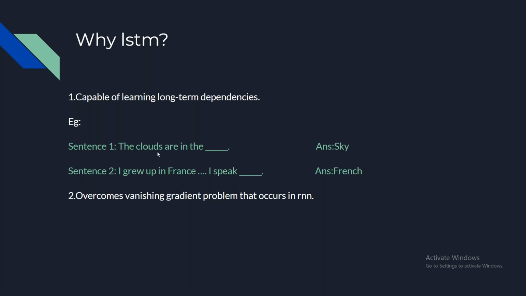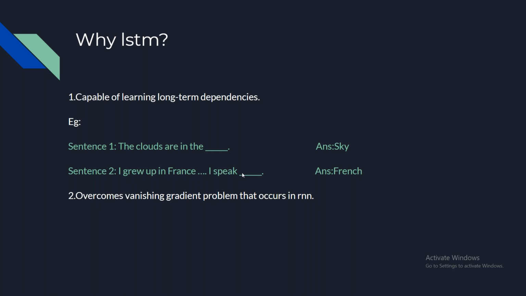For example, you can see sentence 1 and sentence 2. If we are trying to predict the last word in sentence 1, "the clouds are in the dash," we don't need any further context. It's pretty obvious that the next word is going to be sky. Consider trying to predict the last word in the text "I grew up in France.